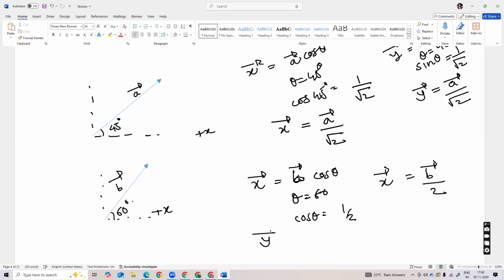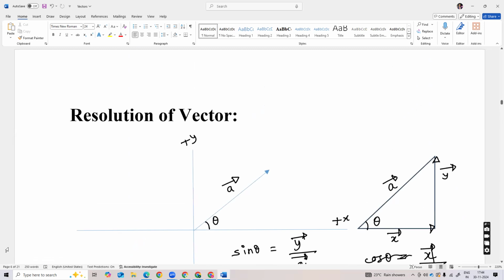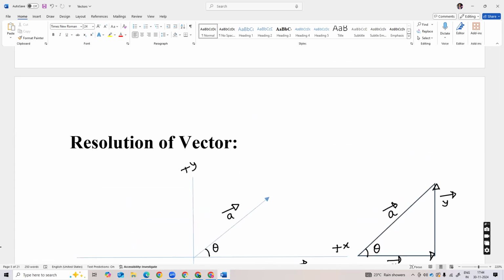Similarly, the y component is b sine theta. For theta equal to 60, sine theta is root 3 by 2, and therefore the y component of this vector b is b root 3 by 2.